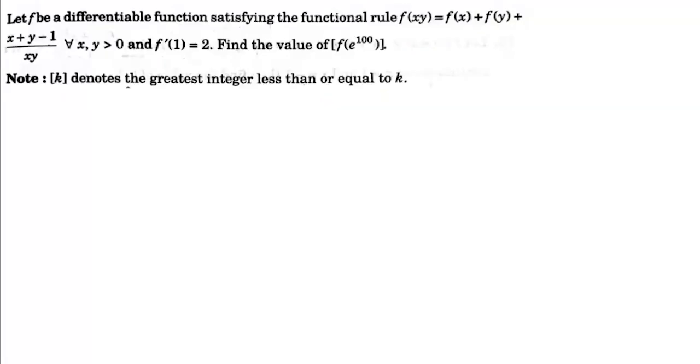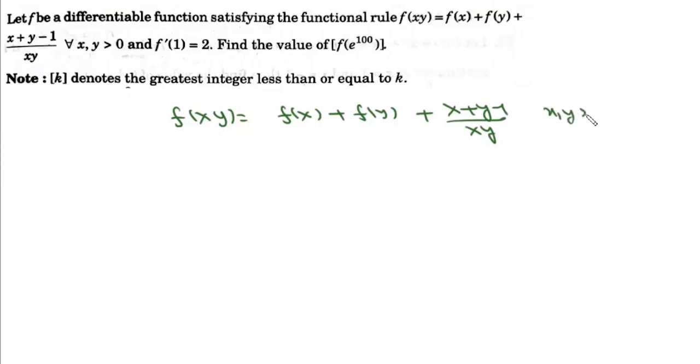Now here the question is, if f is a differentiable function, so it's fine, f(xy) equals f(x) plus f(y) plus (x plus y minus 1) upon xy for all x, y greater than 0, and f'(1) is given, to find the value of f(e to the power 100).